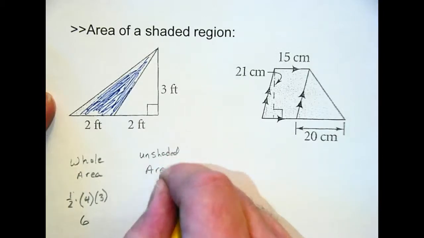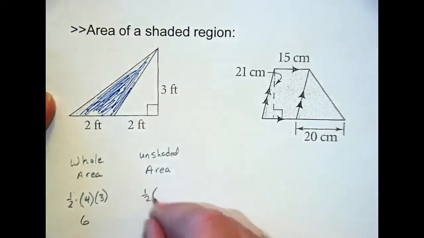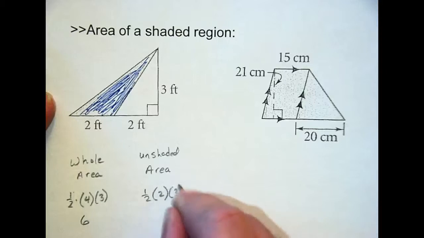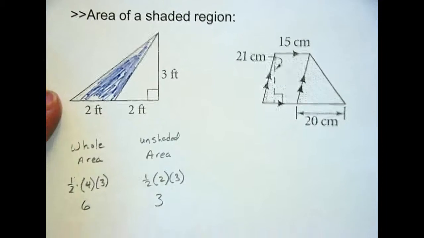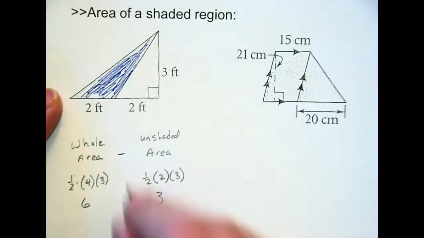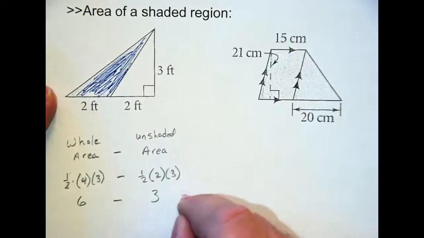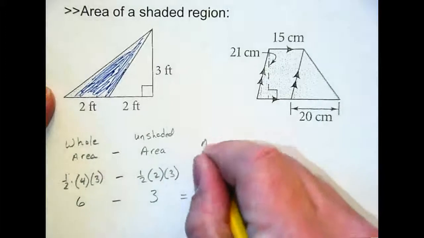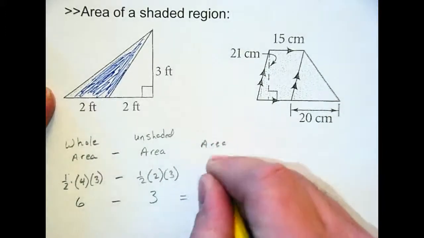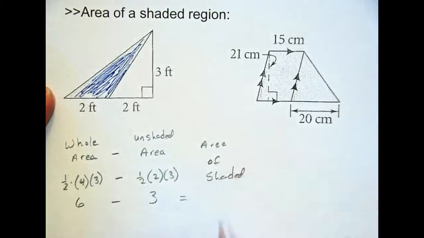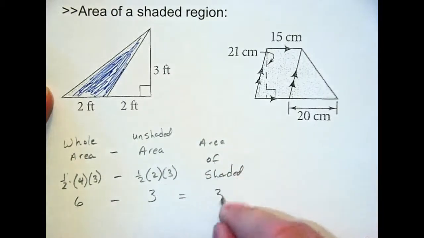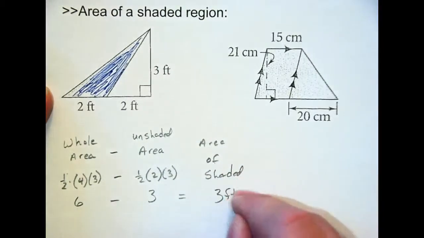Okay, so the unshaded area did 1/2 of 2 times 3. Yeah. And half of 2 is 1 times 3, so 3. And then the difference between 6 and 3, subtract these, and that gives you the area of the shaded. All right, very good. Well done. So that gives us 3. It's 3 square feet. How many got 3?